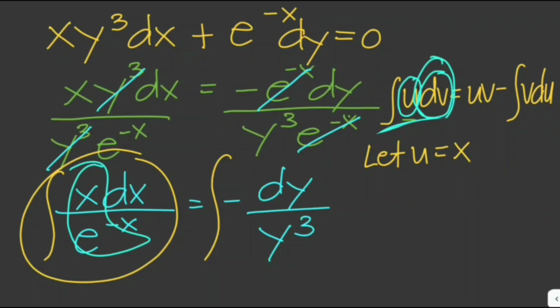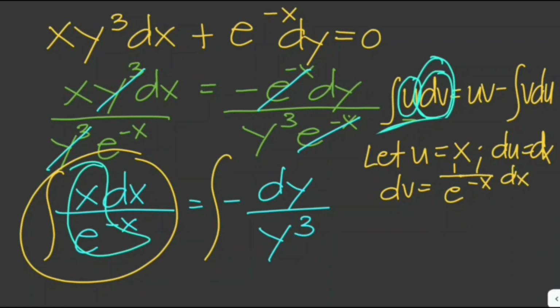be equal to x, then du is equal to dx. Then we let dv equal 1 over e to the negative x dx.